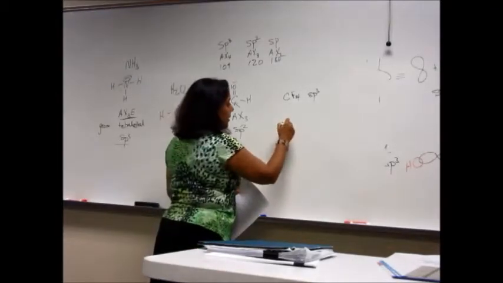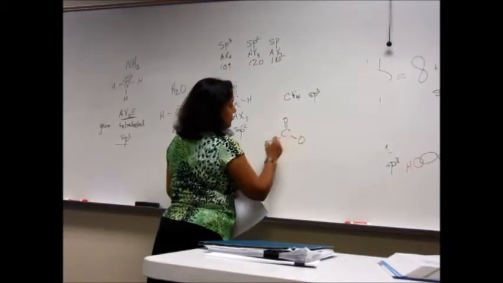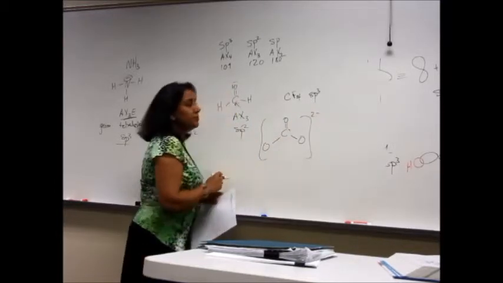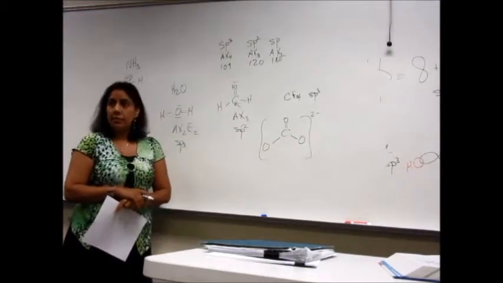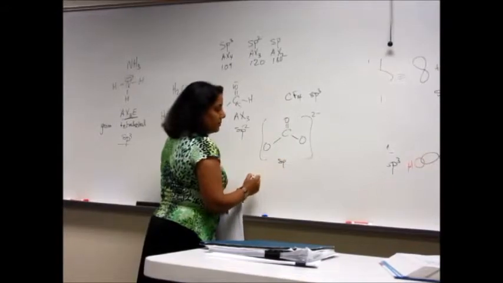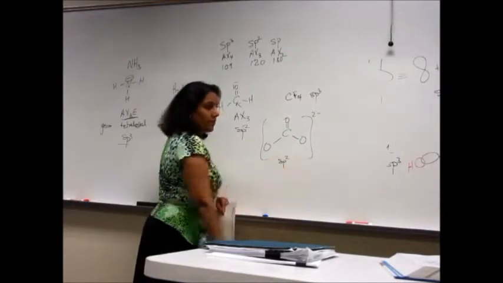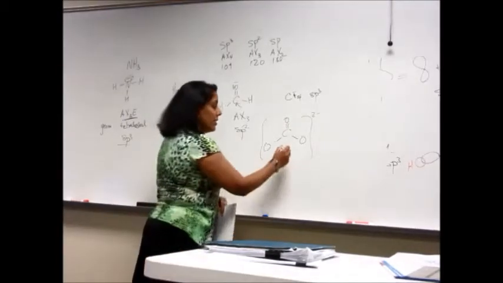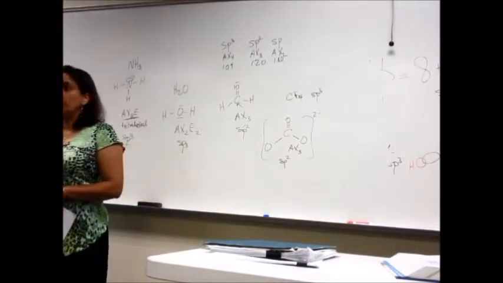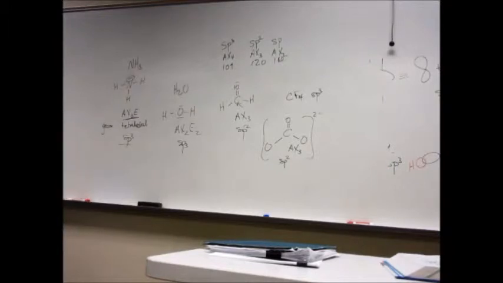Carbonate ion is this, 2 minus, so this one should be SP2, right? So that's AX3. Okay, that's how you should do it, and that's how simple you should keep it also. Don't make it more complicated than that.